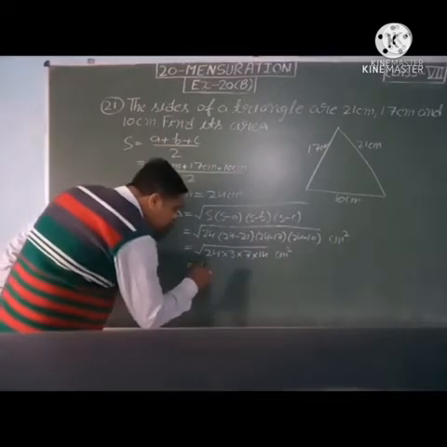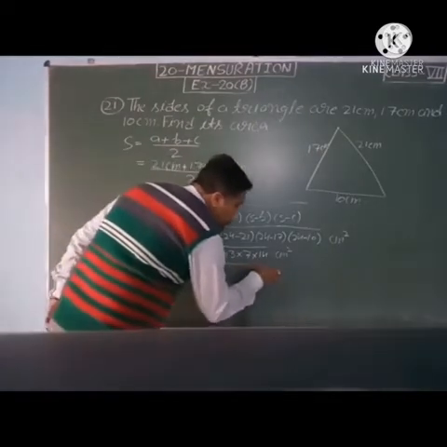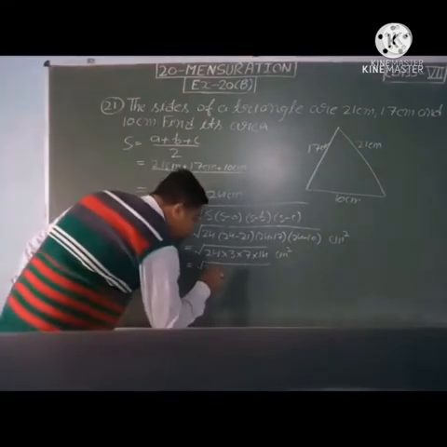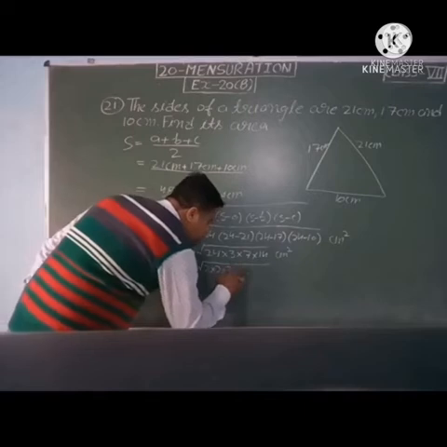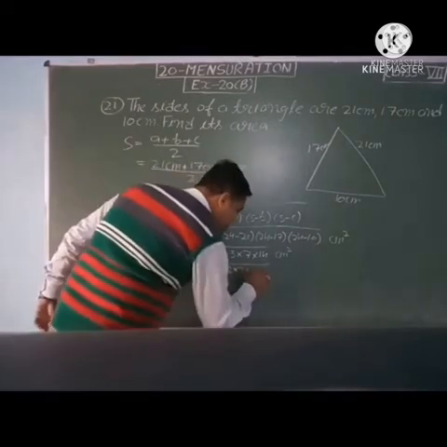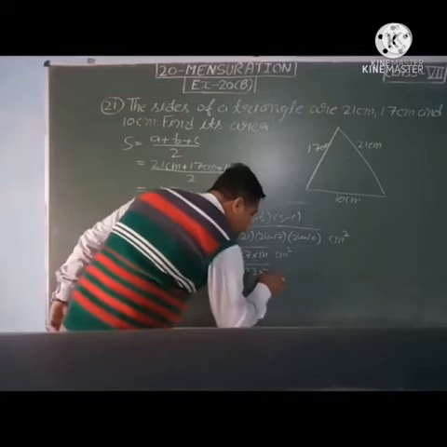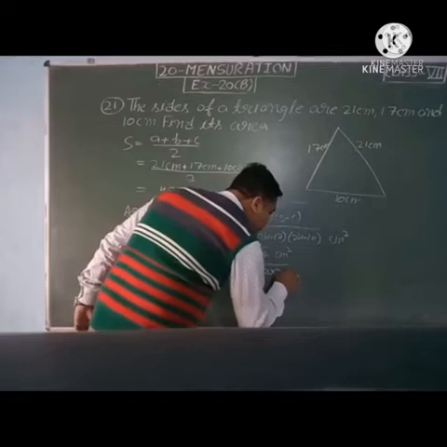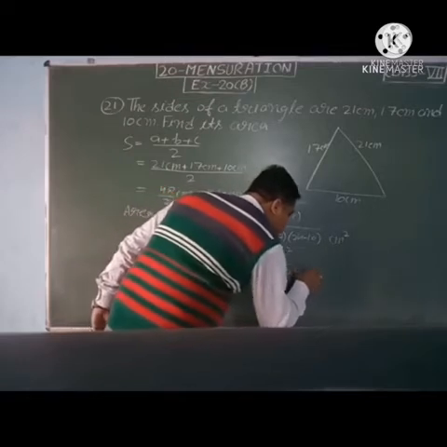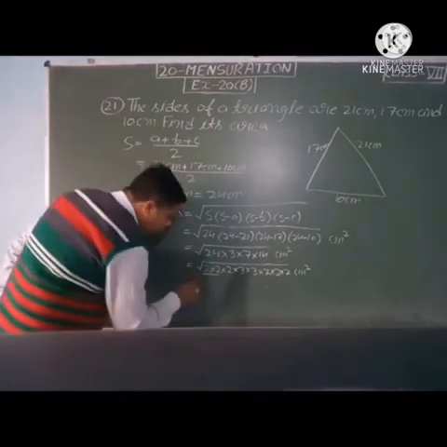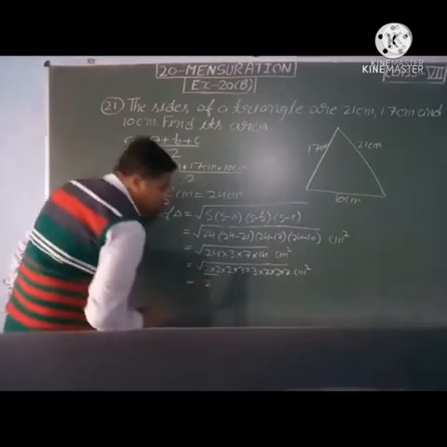Now students, we will do the factors of these numbers. So factors of 24: 2 multiply 2 multiply 2 multiply 3. Now 3 is a prime number, 3 as it is. 7 is also a prime number. Now 14 is 2 multiply 7 centimeter square. Now for these two 2s we can take one 2 out of the root.